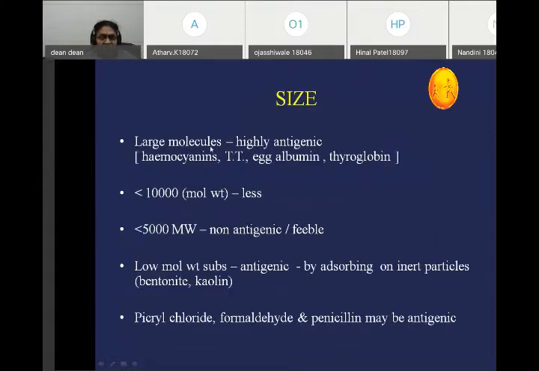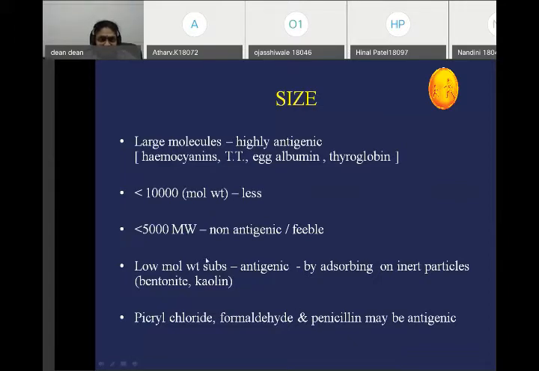Large molecules with molecular weight more than 10,000 are highly antigenic. Molecular weight less than 5,000, usually these substances are non-antigenic, and those with molecular weight of 5,000 to 10,000 are less antigenic.